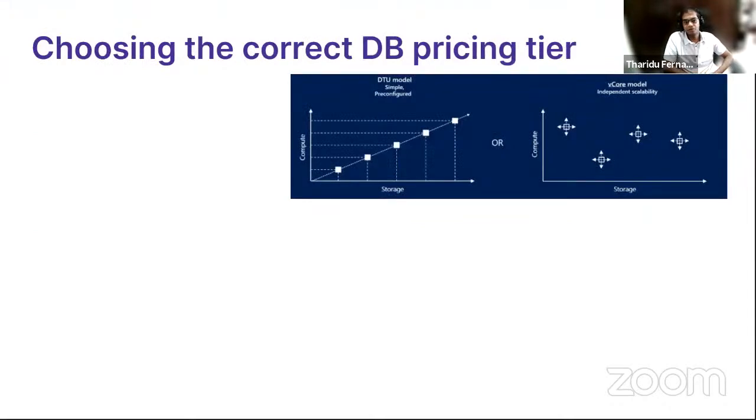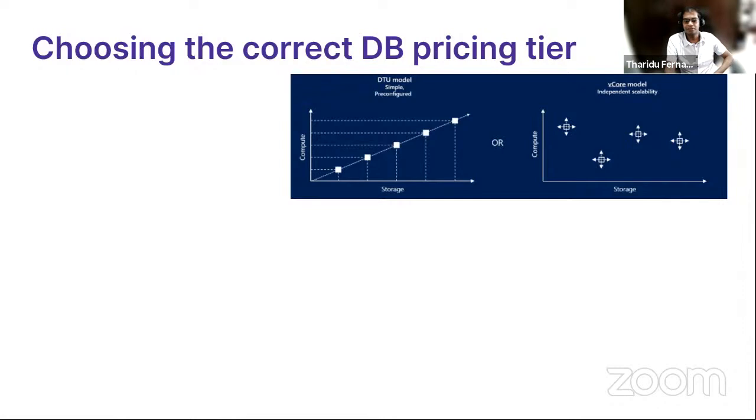This slide is about how to choose your correct DB pricing tier. In Azure, you have two models. One is the DTU model, which is what they started from, and they later introduced the vCore model. Earlier with DTU, they packaged the pricing tier with compute and storage as one. So when you increase the DTU, it will increase the storage as well as compute. Suppose that you have an application that is very CPU heavy and needs very little storage.